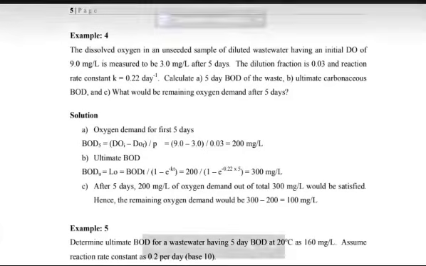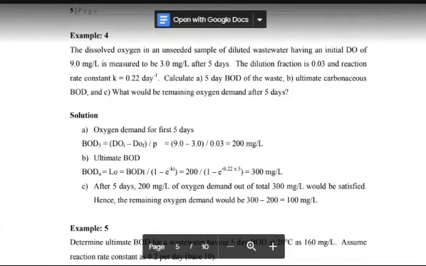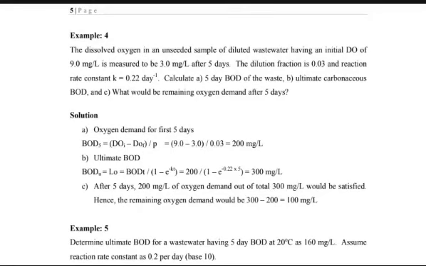Now we have the value of the initial dissolved oxygen, which is 9. You write it 9. The final dissolved oxygen is 3. The dilution factor is 0.03. So we use this formula to calculate the value of BOD5.